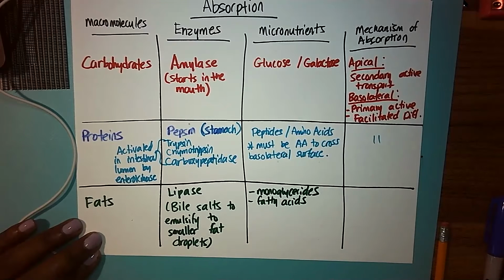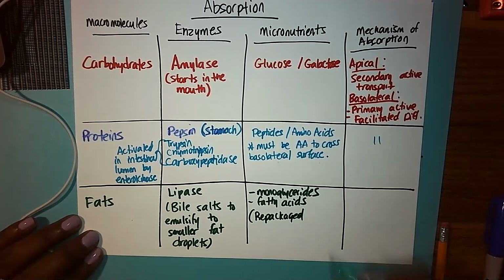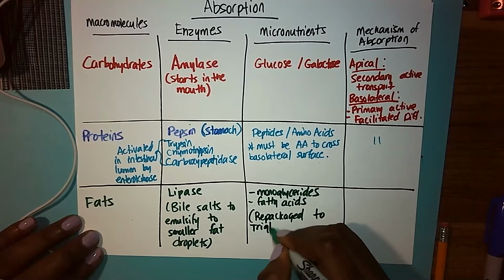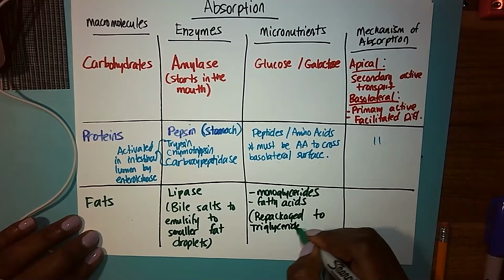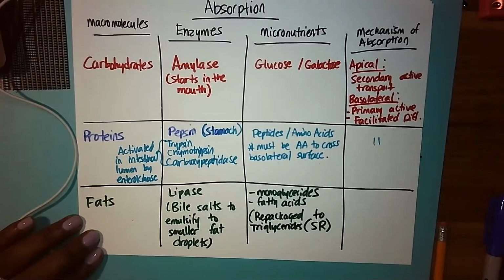And then once they get inside the cell, remember, they can cross the cellular surface via diffusion because they're fats, as monoglycerides and fatty acids. But once inside the cell, there's a few things that happen. They were repackaged to triglycerides in the smooth endoplasmic reticulum, or the SER.